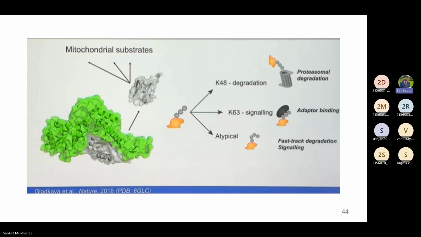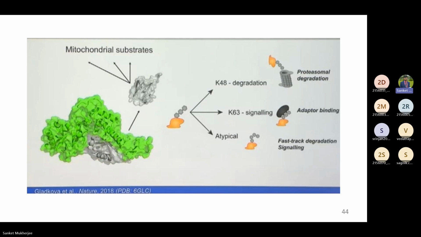So we have already seen that lysine residues, K residues, are usually ubiquitinated. Polyubiquitination of K48, lysine 48, leads to ubiquitin proteasome degradation. Whereas if there is ubiquitination of the 63rd residue of lysine, then it leads to signaling.